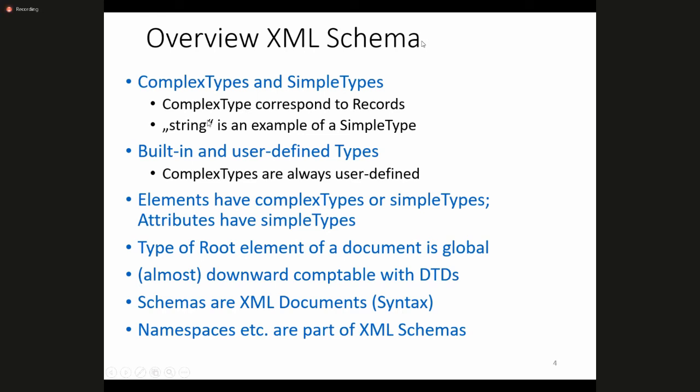So if it is a simple element, let's say the name of a particular element, that is a string, that is a simple type, right? And then we have built-in and user-defined types. Complex types are always user-defined. Elements have complex types or simple types. Attributes have simple types, right?